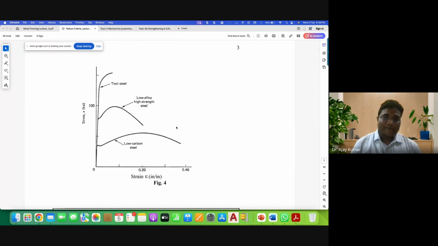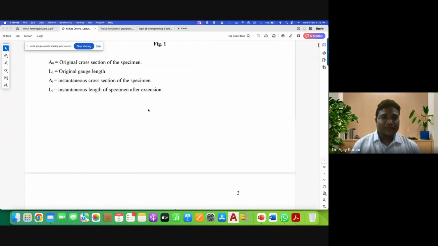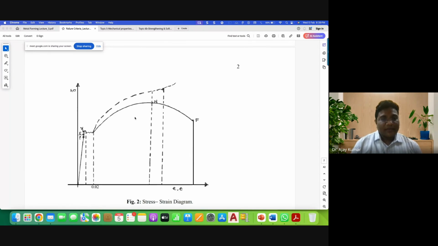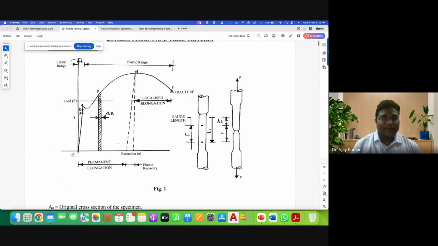These are the different curves for different materials, like low carbon steel and low alloy steel. Now one point I can ask you: in a mild steel material, you can see there is a lower yield point and an upper yield point. Only mild steel shows that type of behavior.